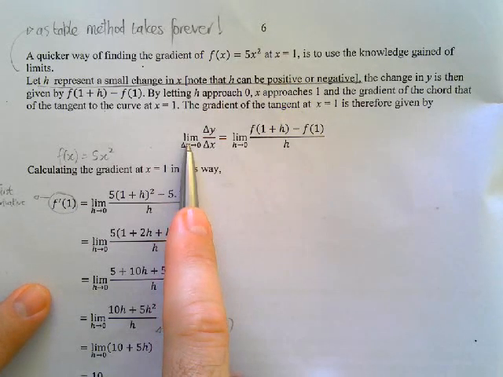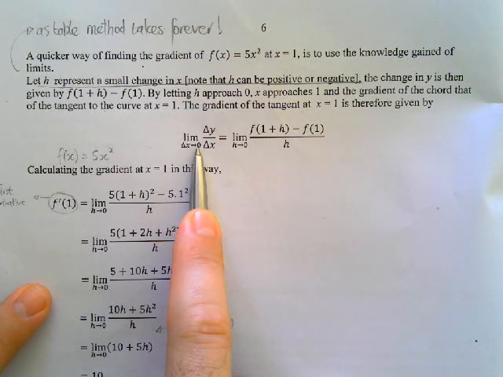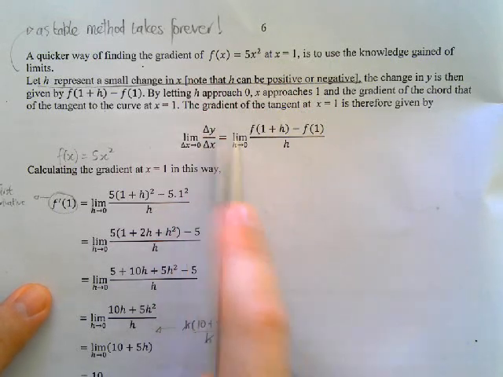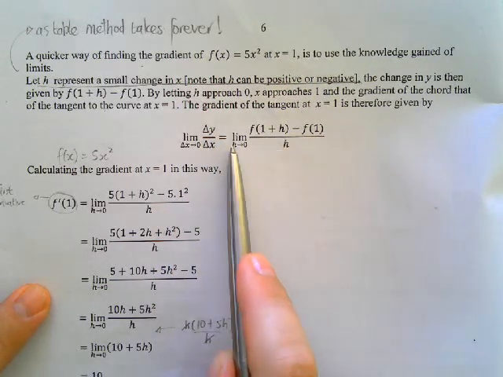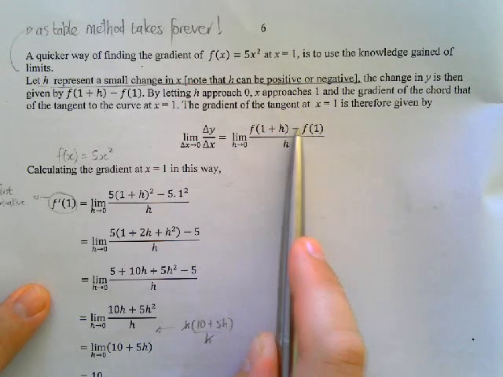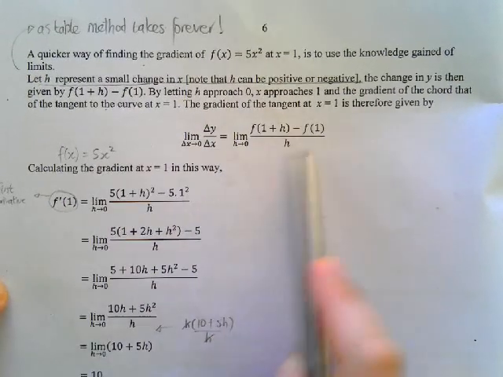So, the limit as the change in x, the denominator, heads to 0, of the change in y over change in x, remember the gradient formula, is equal to the limit as h approaches 0 of f of 1 plus h, the small little extra bit, minus f of 1, all over h. We've taken that and put it into a gradient formula.